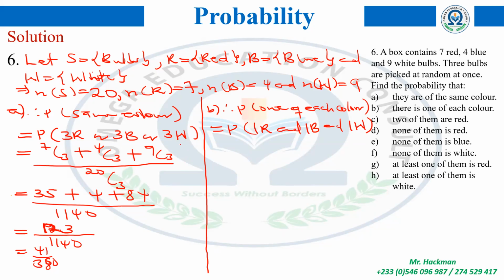Yes. So in effect, we are going to get what? One red. How many reds do we have? 7. So it will be 7 combination 1. Then and is multiplication. 1 blue will be 4 combination 1. And multiplication. White, 9 combination 1. All over, you always have a denominator, and that will be your 20 combination 3. All correct?